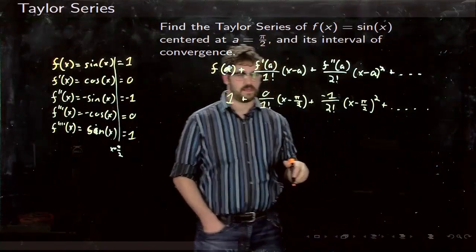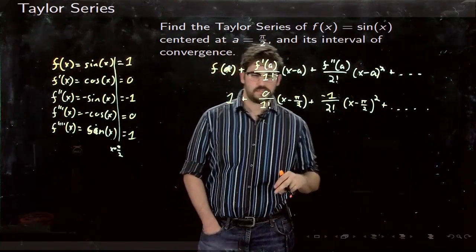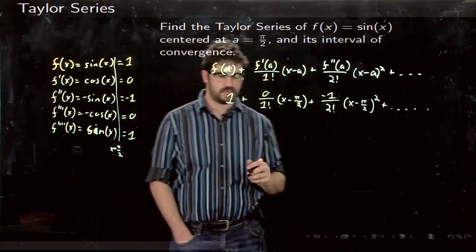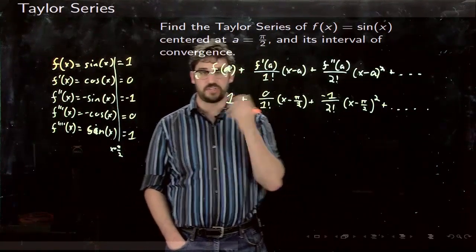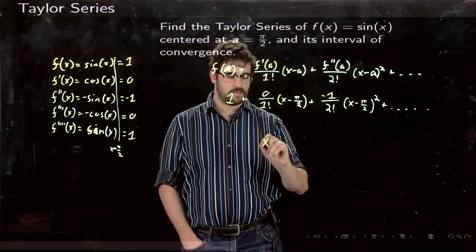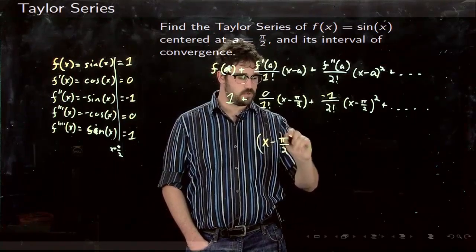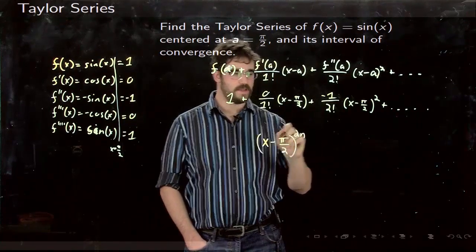So what's happening here? Well, we only get the squared values, so if we get a Taylor series, we're probably going to have some sort of expression of x minus pi over 2 to the 2n, right?